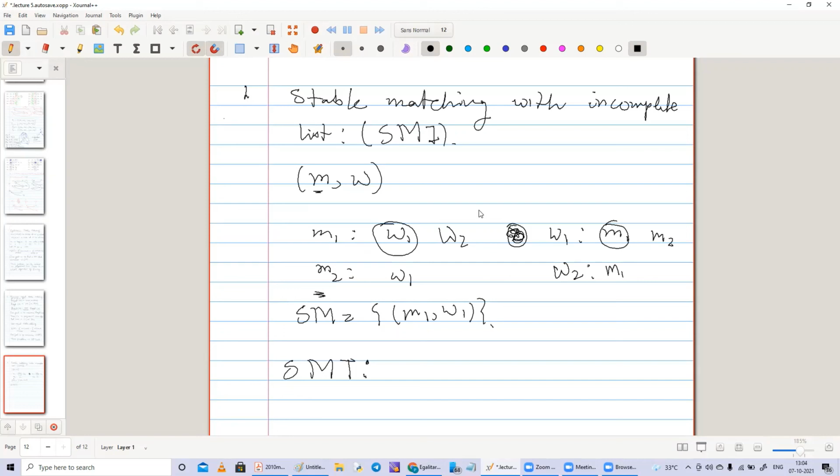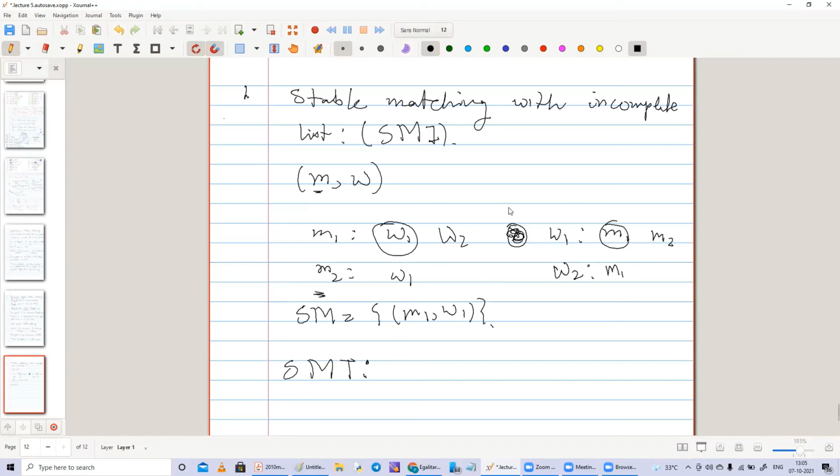But you can see that the current matching is a stable matching. You cannot change the matching, because if you take any other matching, then M1 and W1 will block that matching.